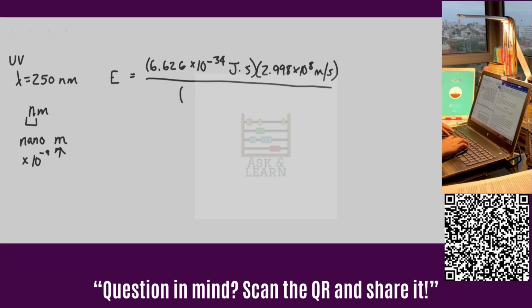So you can substitute this in front of this 250, and we can rewrite that as 250 times 10 to the minus 9 meters. We can't put nanometers inside our box because that doesn't cancel out with meters, so if we just plopped it in, we'd get the problem wrong.